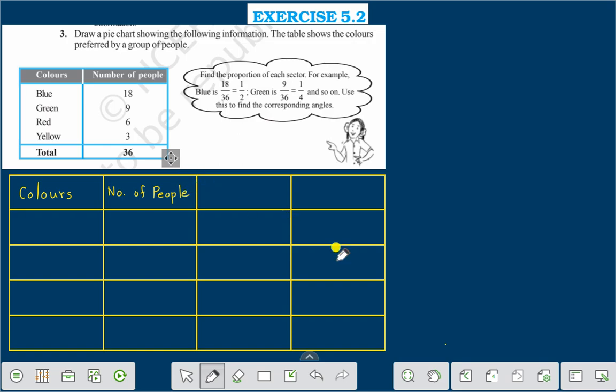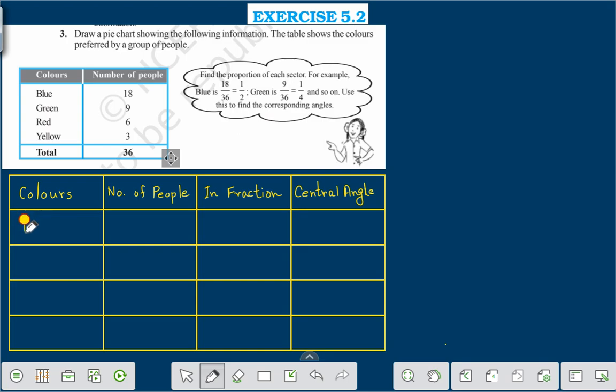And this one is in fraction. And this one is central angle. This is central angle.